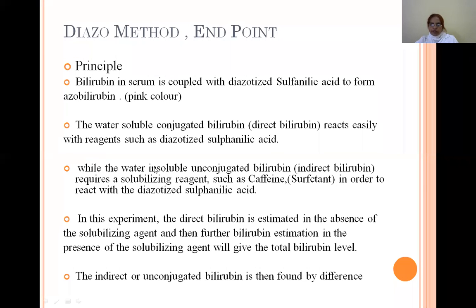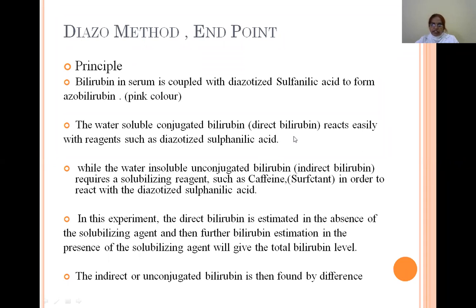Indirect bilirubin requires a solubilizing agent such as caffeine, which acts as a surfactant, in order to react with the diazotized sulfonic acid. Unconjugated bilirubin and indirect bilirubin are the same.